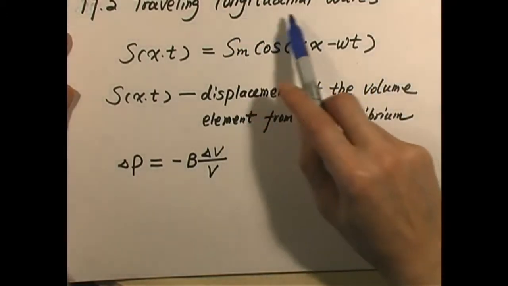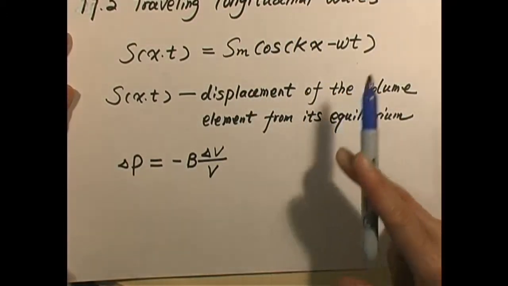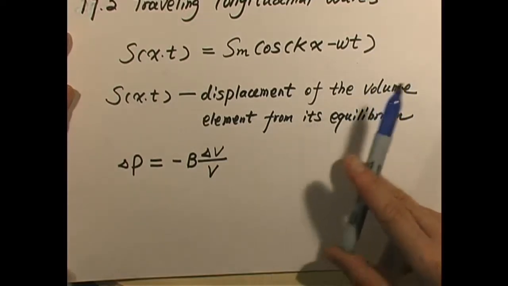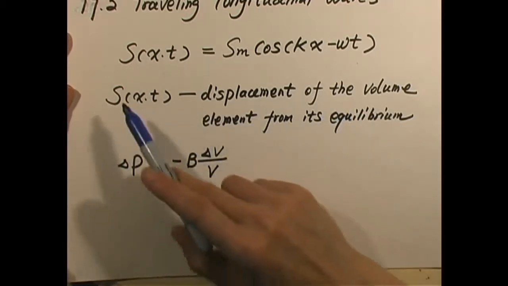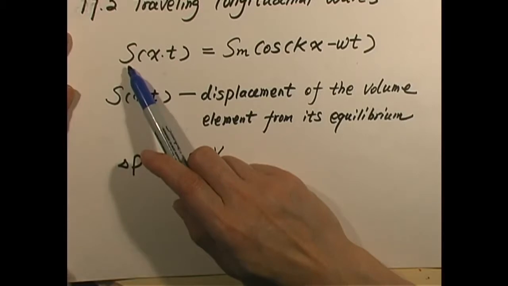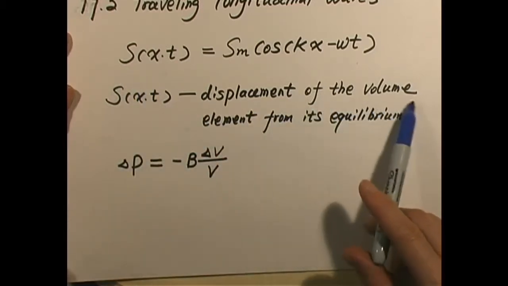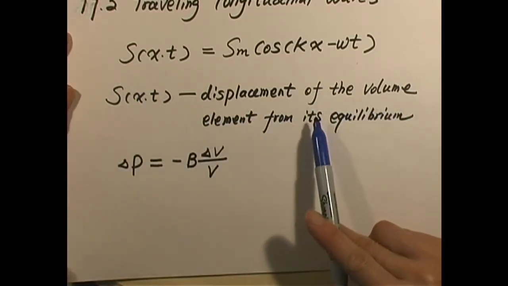But this time it's longitudinal, which means that the amplitude is also along the x direction, at least parallel to the traveling direction. So we have to use different notation to describe it. And we use S to mean displacement of the volume element from its equilibrium.